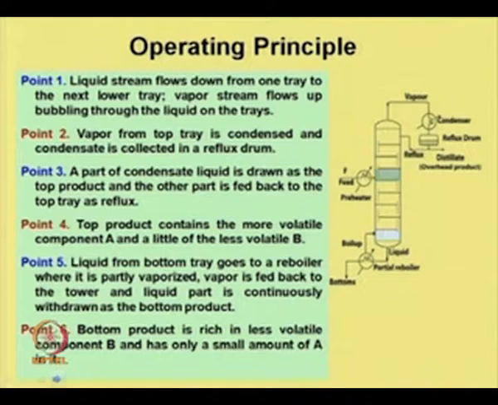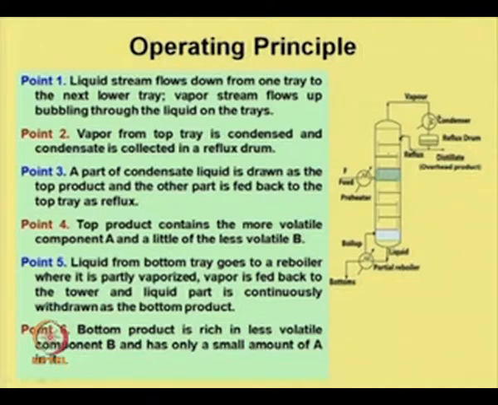Now, we will discuss how we can operate fractional distillation. This is the diagram of a typical distillation fractionator, where the liquid stream flows from the top of the tower downwards from one tray to the other, and the vapor flows from bottom to top, bubbling through the liquid.